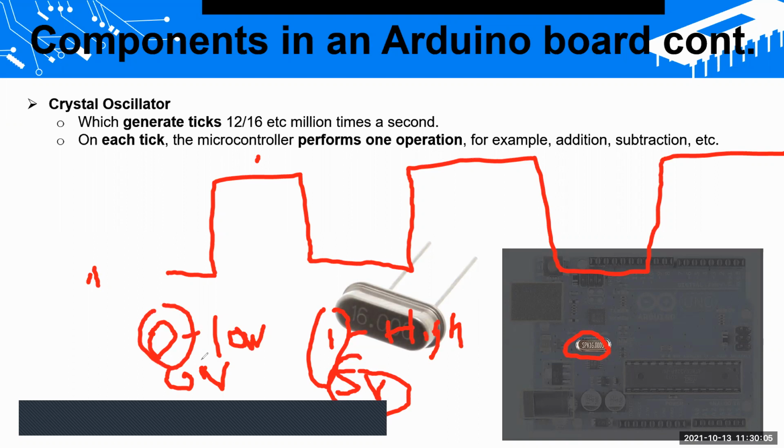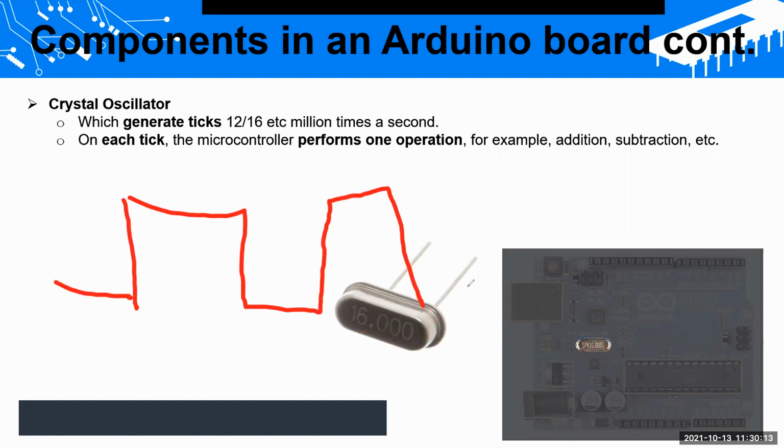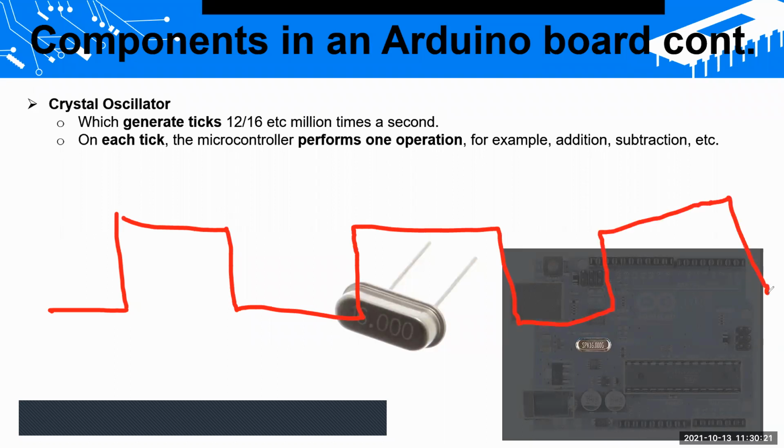If it is 0, the voltage is 0. Then the crystal oscillator creates these kinds of pulses. I'll try to do it better. We'll see. Something like that.